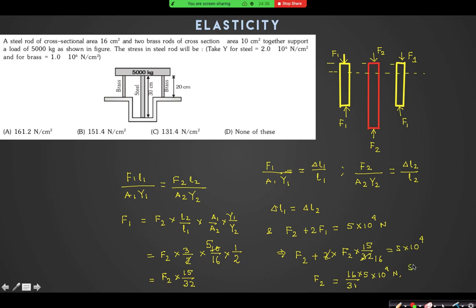Then the stress in steel is equal to F2 by A2. F2 is this one divided by A2, the cross section area, which is 16 centimeters square, since the steel rod has cross section 16. So the answer is 5 by 31 into 10 power 4 Newton per centimeter square.